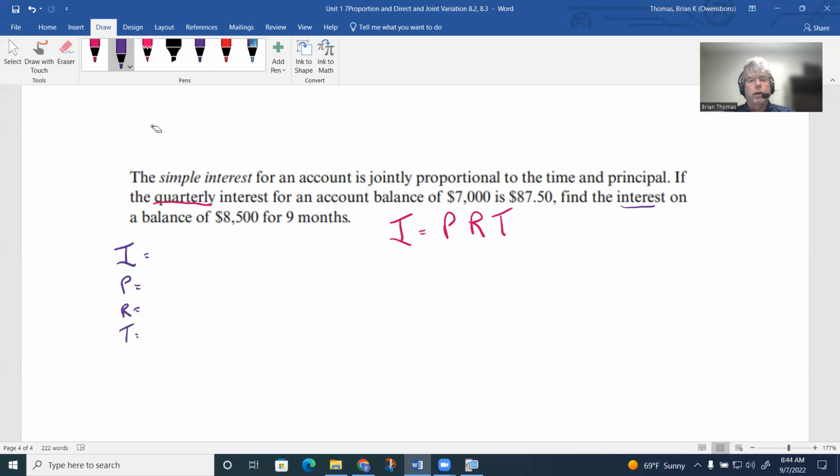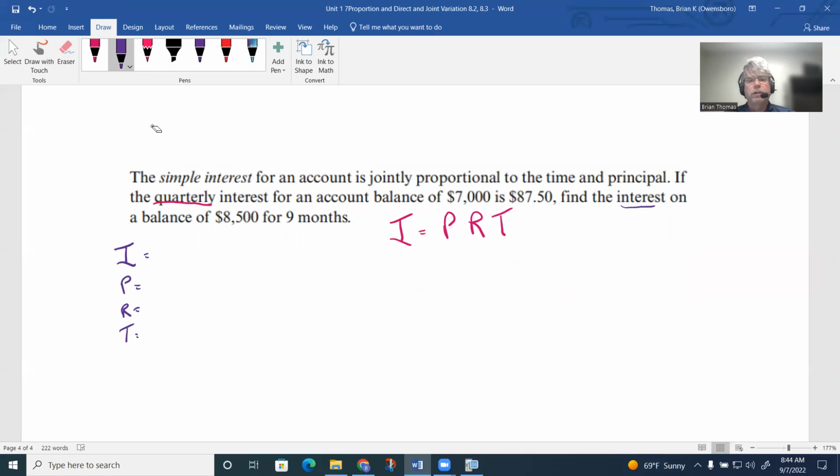So I'm kind of seeing two problems laid out here. The first one is we're talking about quarterly interest. Quarterly interest means we divide a year into 4 pieces, that'd be every 3 months, basically.